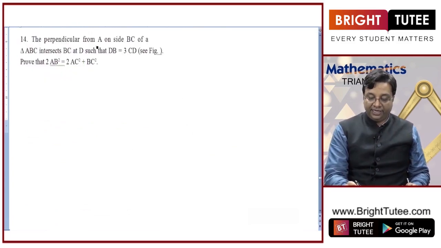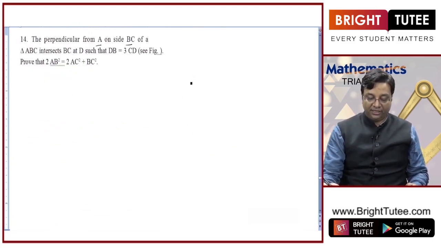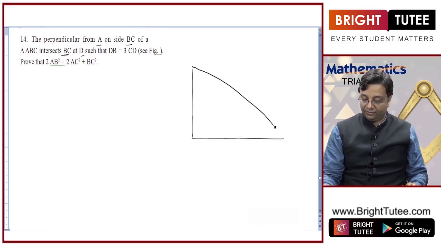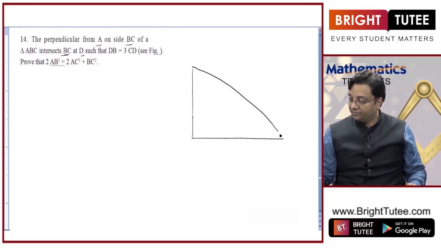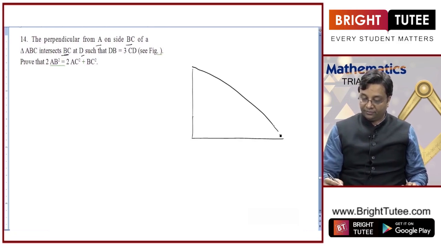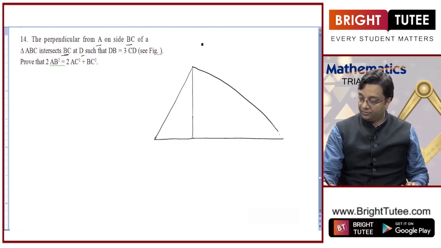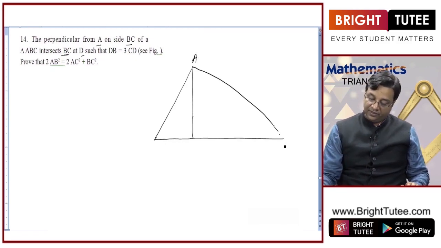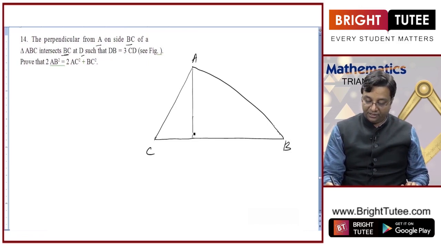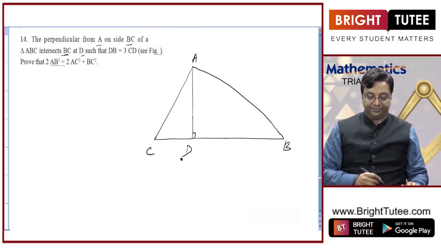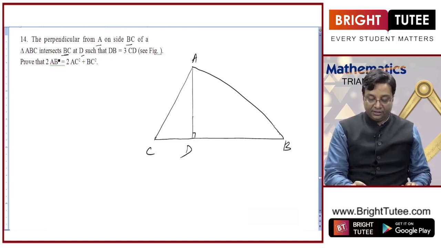The perpendicular from A on side BC of triangle ABC intersects BC at D. So, let us say we have got this triangle ABC, and this is perpendicular AD, right.